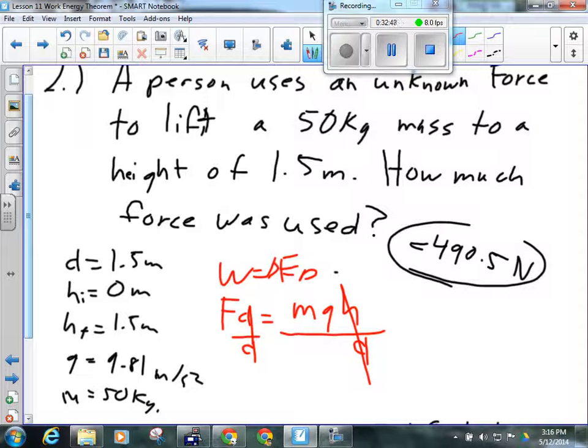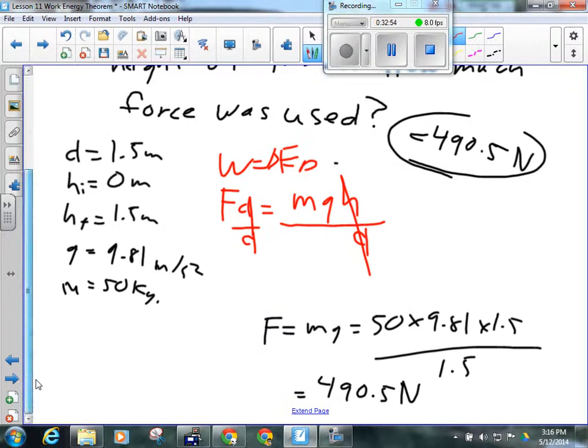Everybody with me on that? And then I get force of gravity, m times g. All right, so I go 50 times 9.81 times 1.5 divided by 1.5, and I get 490.5 newtons, which is the weight of that box.